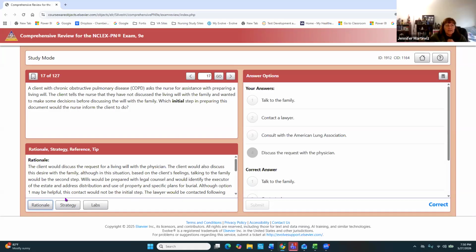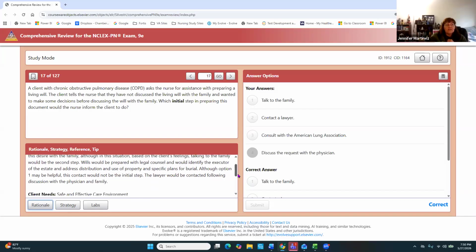Although option one may be helpful, this contact would not be the initial step. The lawyer would be contacted following discussion with the physician and the family. So we're going to talk to the physician first, then he can talk to his family, then he can contact the lawyer.